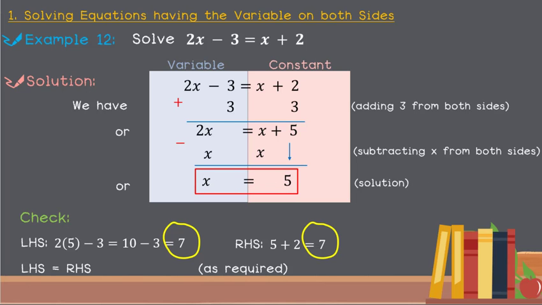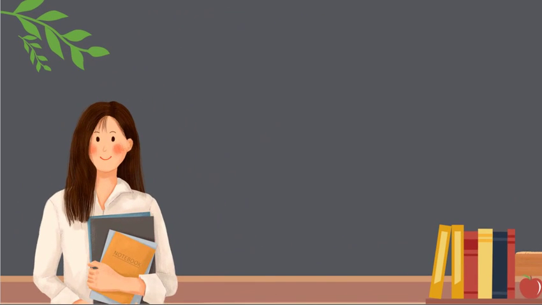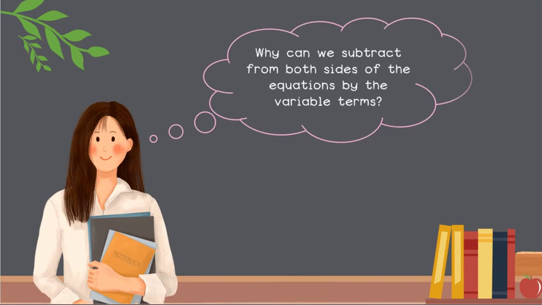So here we subtract from both sides of the equation not a number, but a term involving the variable. So why can we do that?